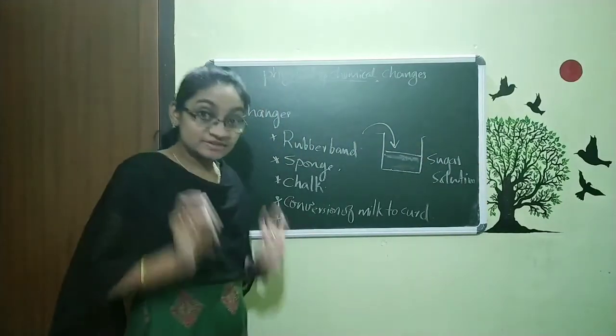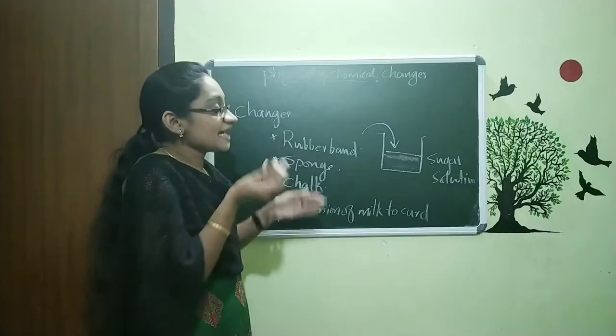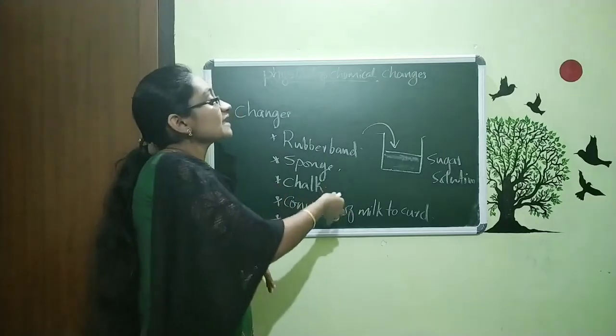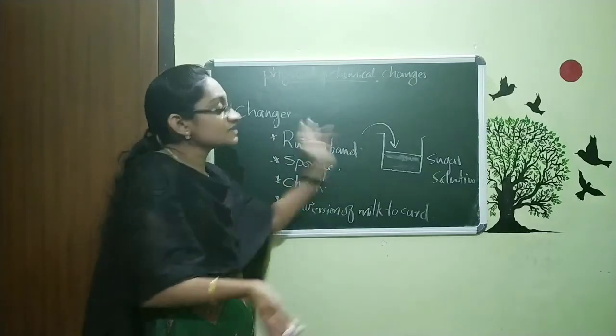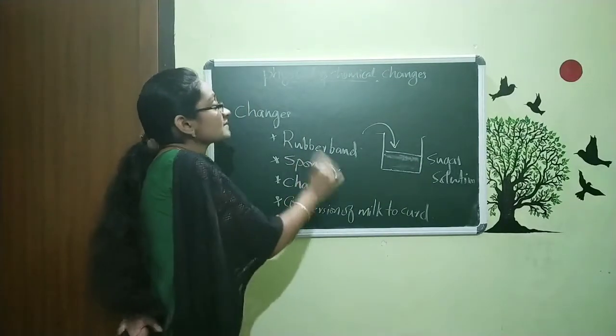Sugar solution. So here also the sugar got some changes. That means at the initial stage the sugar is in the solid state, and now it has dissolved in water and is in the form of sugar solution. So that sugar also caused some changes.